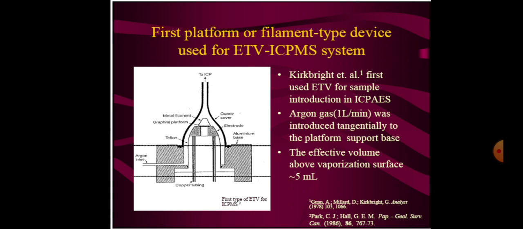So by heating the graphite platform, the sample will be evaporated, and then we have an argon carrier gas that can carry the sample vapor into the ICP, for example, in this case.